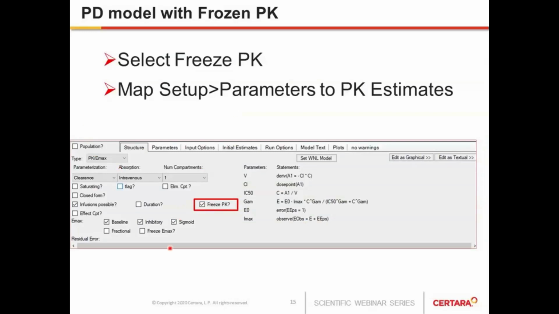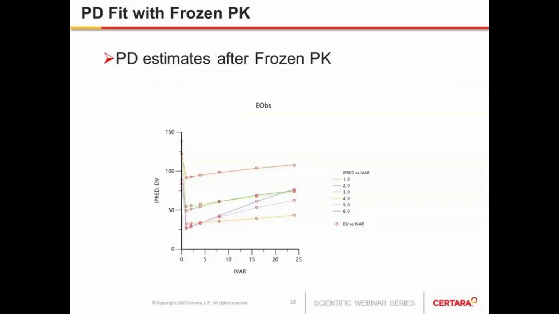In this case, I'm using the baseline, inhibitory, and sigmoidal options for this particular example. After running the PD estimates with the PK frozen, I'm getting very good estimates of my PD data.